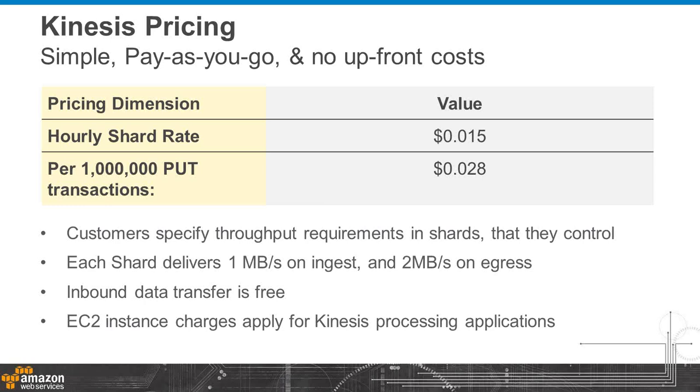The second pricing dimension is every single put call, but it's priced incredibly low at a cost of under 3 cents for 1 million put transactions. Because customers control the EC2 instances on which their applications run, those are typically separate charges that apply.